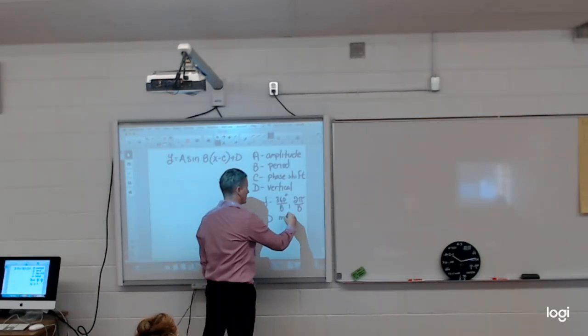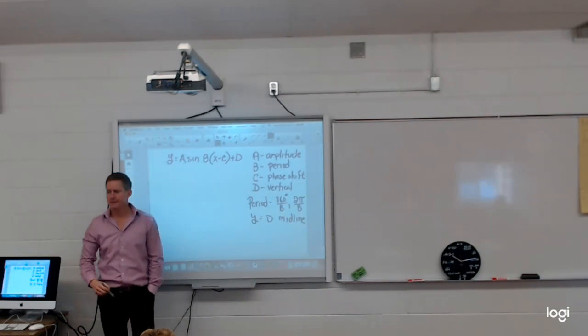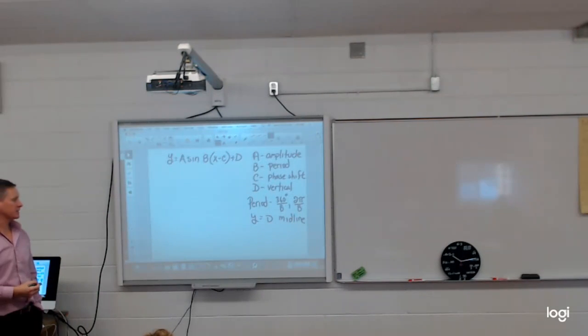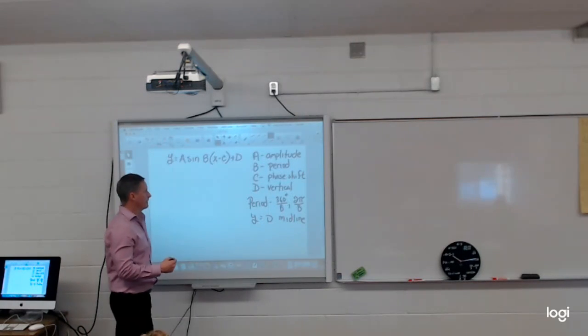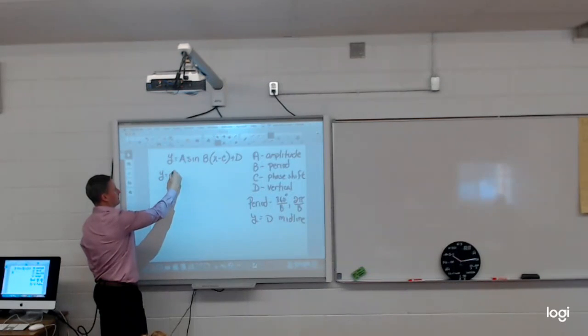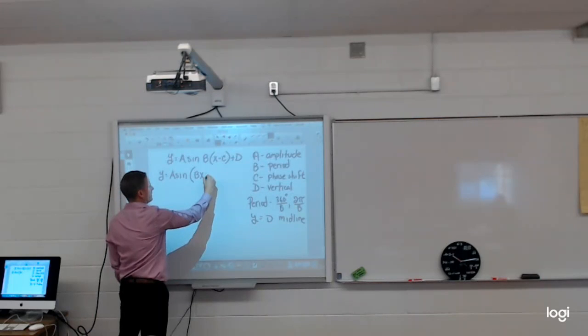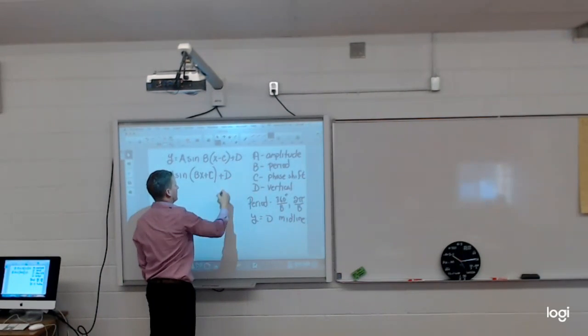That basically covers everything. We don't need to know any more than that. That's all the information that we need out of this particular section for this course. Now, I told you yesterday, your calculator is going to give you the equation, and you just have to factor B out of that.